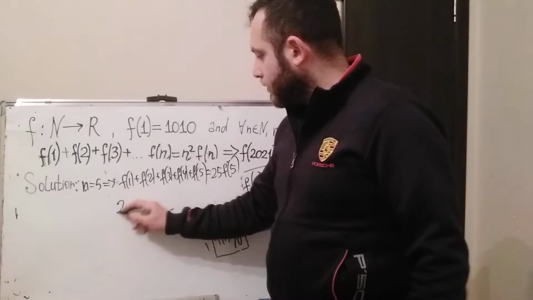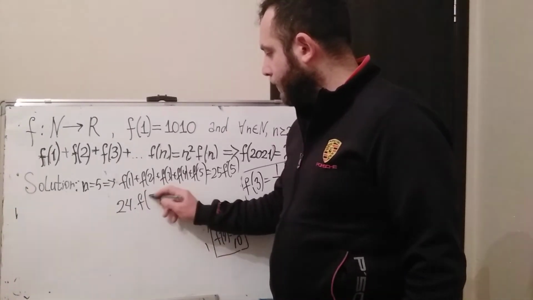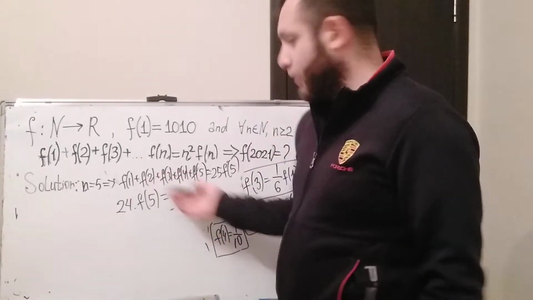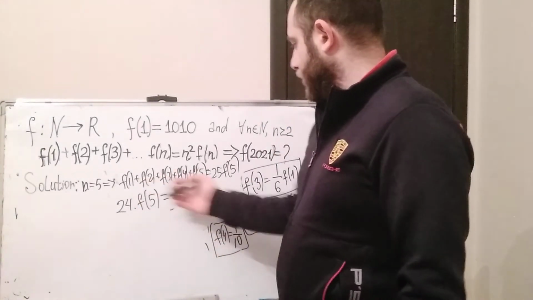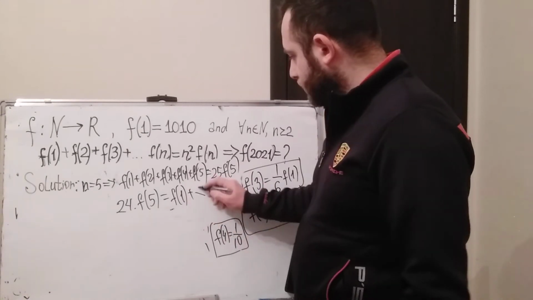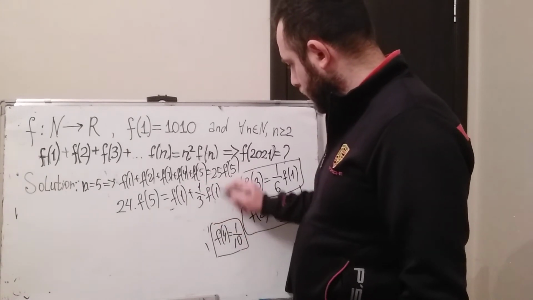So 24 times f(5) will be equal to the sum of the first 4 terms. We know the values: f(1) is f(1), and we have found that f(2) is nothing but 1 over 3 f(1).